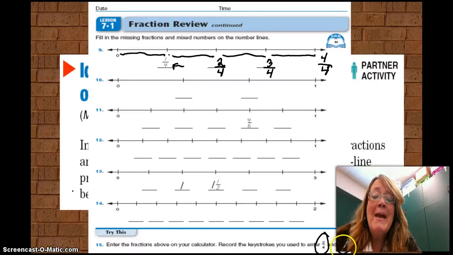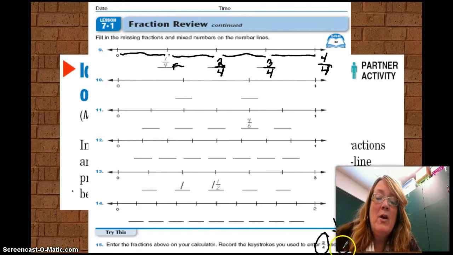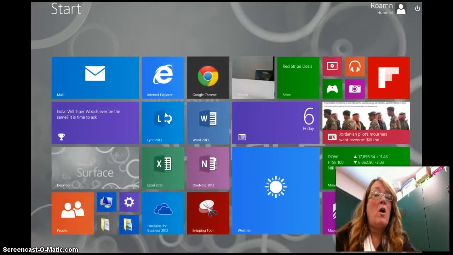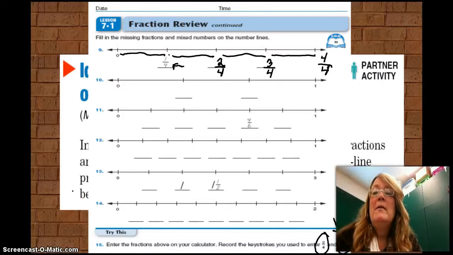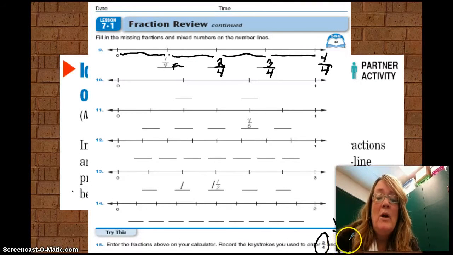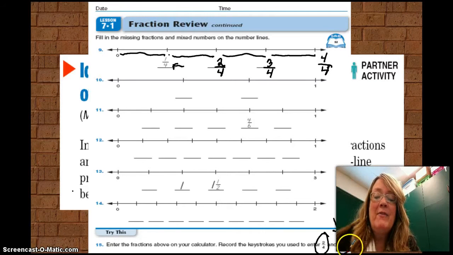Now, doing the mixed number is going to be a little more tricky. What we need to do for that is look at our denominator. It says here that we have 1 1/5. In order for us to have a whole for this number 1, we need to realize that the top number and bottom number need to be the same as the denominator in the fraction.